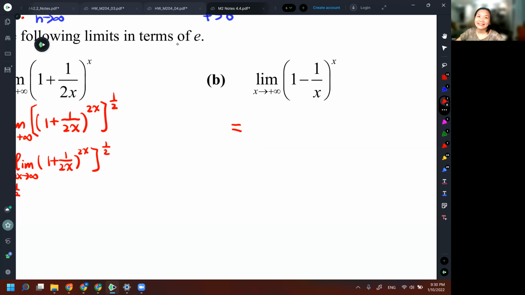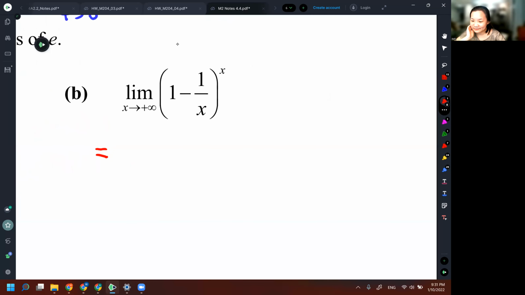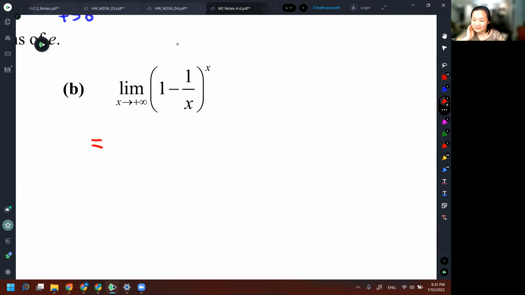Are you ready? This is not easy though. Now to figure out this one, I don't think it's as easy because the sign is changed.